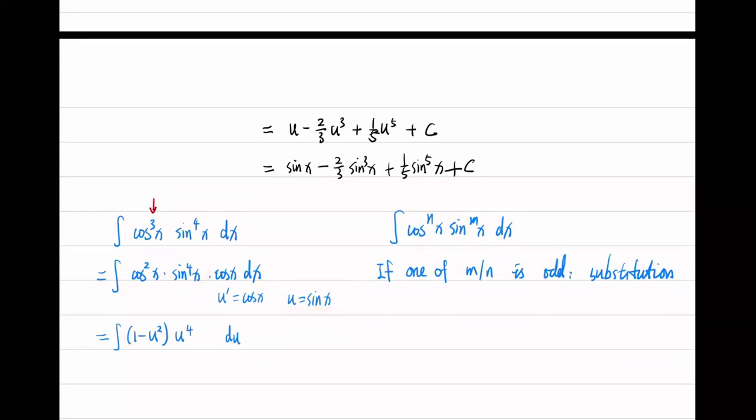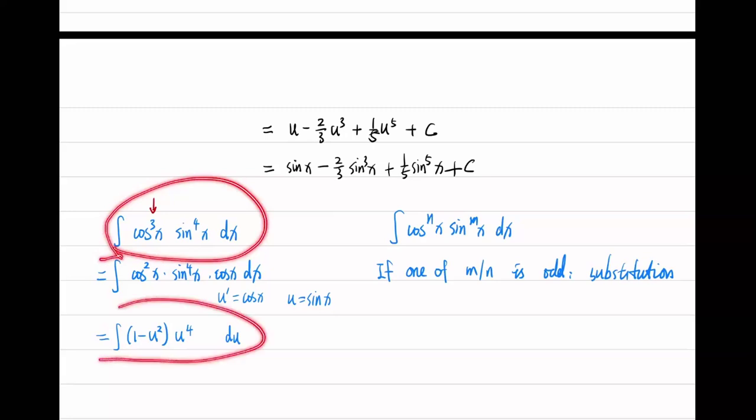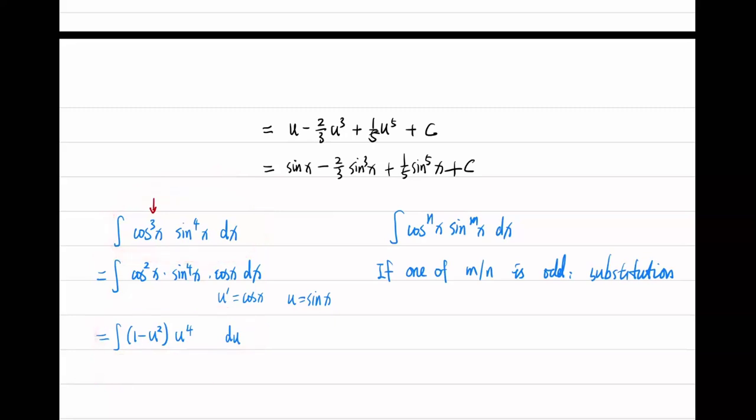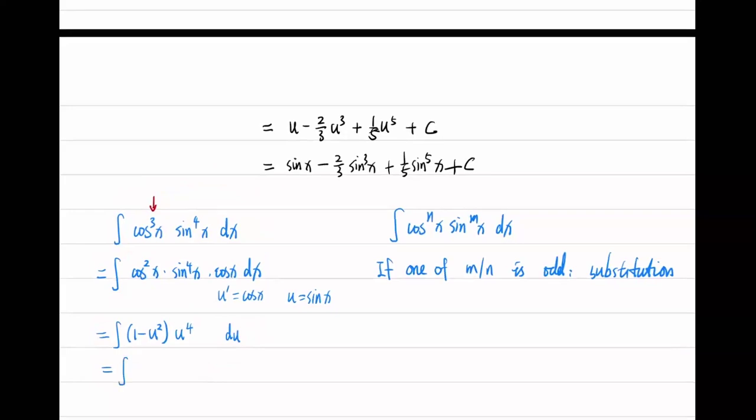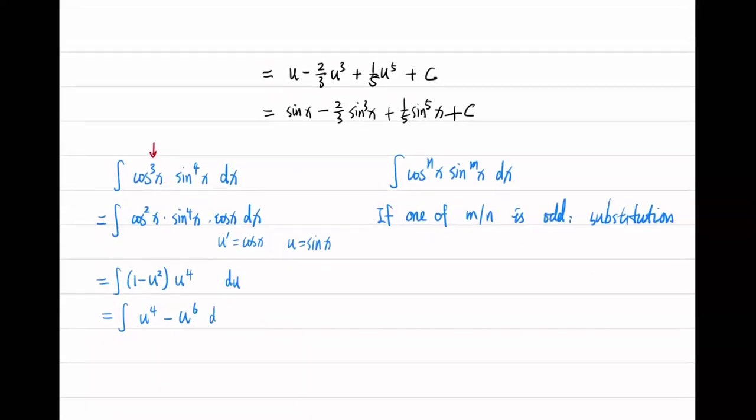Okay, again, from a very complicated trig integral to a much simpler polynomial integral. Do you agree? This is much easier to integrate than this one. So what do we do? We just expand and we integrate them one by one. u^4, u^6, du. Fifth, seventh.